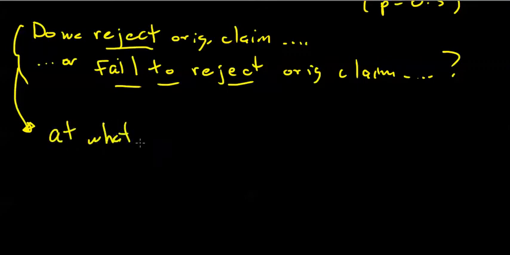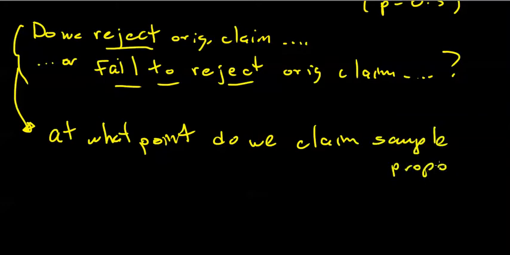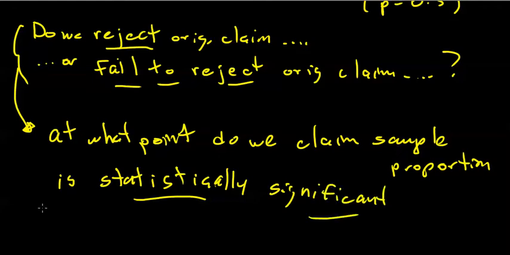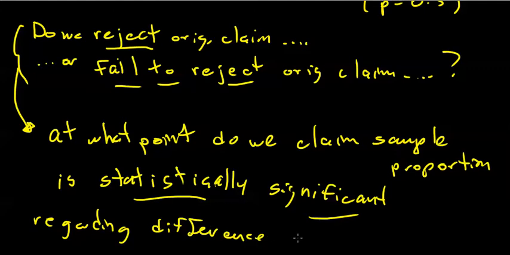At what level of numerical value do we claim the sample proportion is statistically significant regarding difference from the original claim, or the original hypothesis?